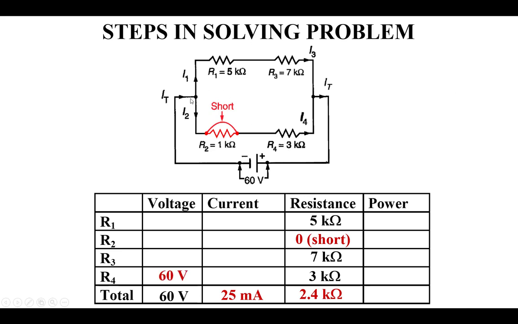Now I have 60 volts across this, and I know that it's 12 ohms, so I can figure my current is 5 amps. And here I have 60 volts across 3. I can come up with a current here as 20.